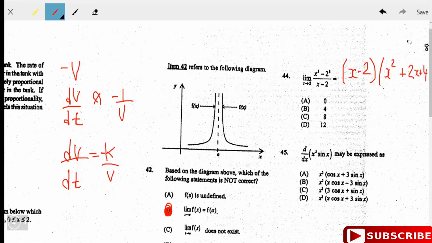That's how we factorize the numerator. And then it's being divided by x minus 2. And so the x minus 2 cancels the x minus 2 right here. And then we plug in 2 now. We get 2 squared plus 2 times 2 plus 4. So adding 4 three times, which is 4 times 3, we get 12.